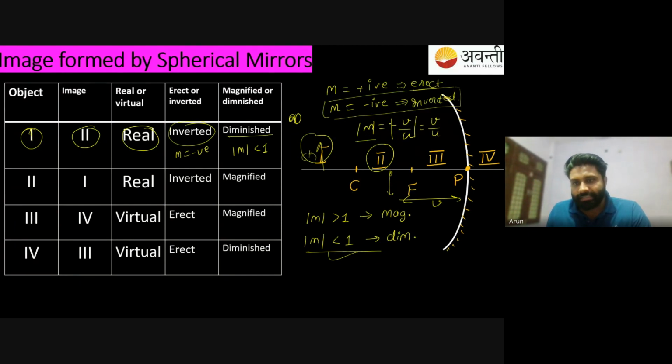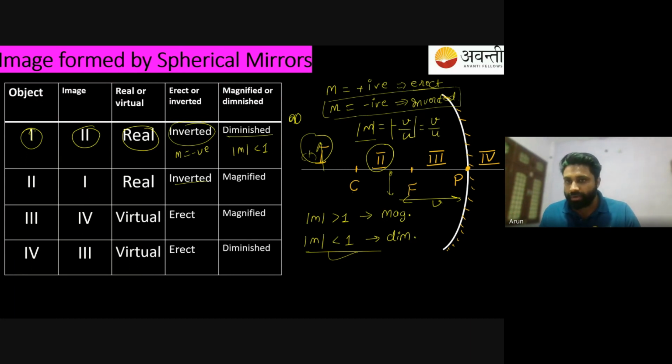For the inverted nature, we have seen that v and u are both measured in the same direction, then m is equal to minus v upon u. These are in the same direction, so this negative plays the role. Okay, so m will be negative. m negative हुआ, then this image will be inverted.